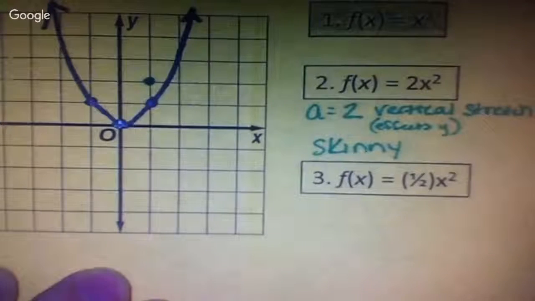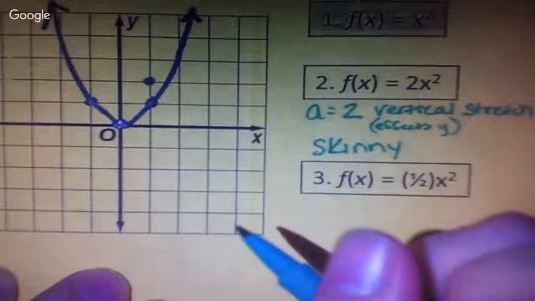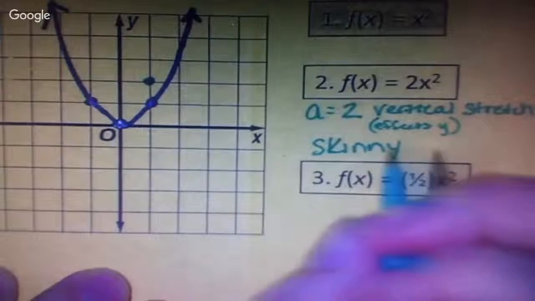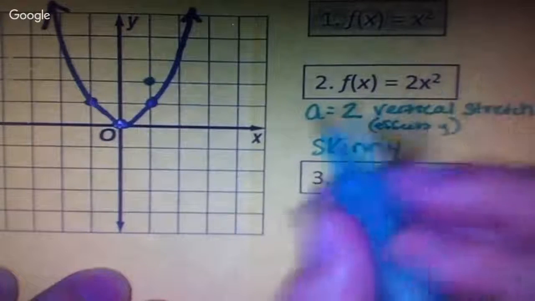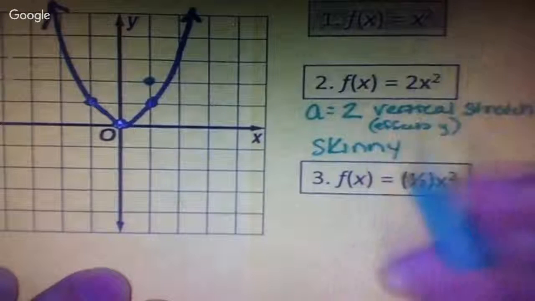So instead of going right 1 and up 1, I'm going right 1 and up 2, because my A value is 2. What happens on the right-hand side also happens on the left.